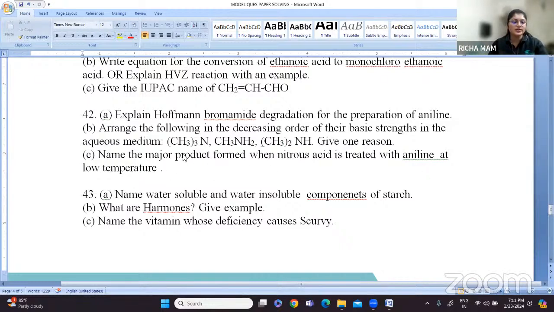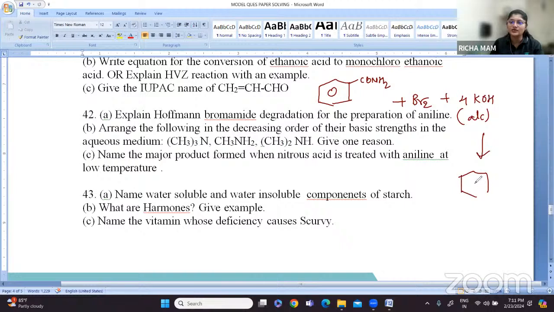So what is the Hofmann bromamide degradation? When benzamide is treated with bromine and alcoholic KOH, it gives you aniline. So how will the reaction be? This is benzamide, C6H5CONH2. When you treat it with bromine plus 4 KOH, it gives you aniline, C6H5NH2, plus 2 KBr plus K2CO3 plus 2 H2O.